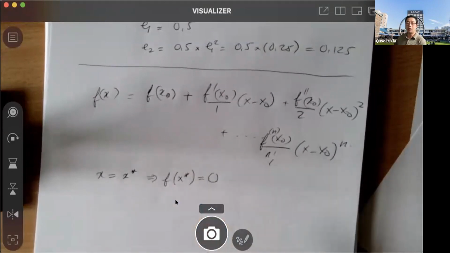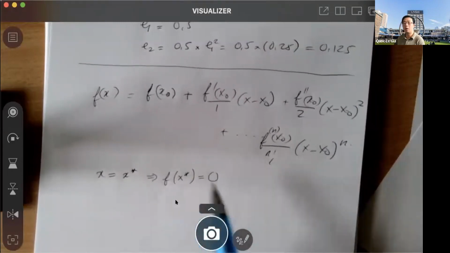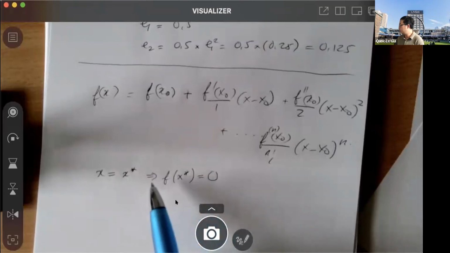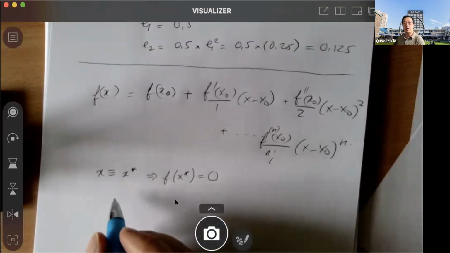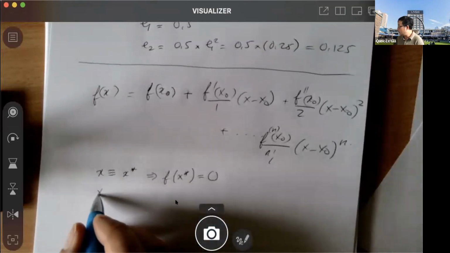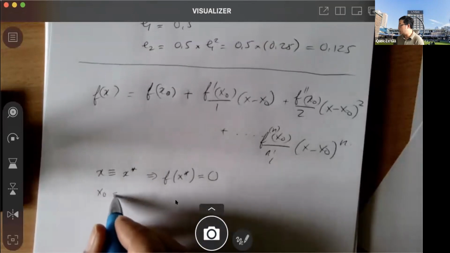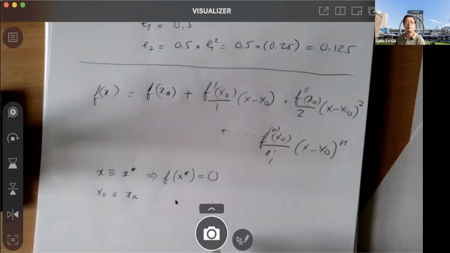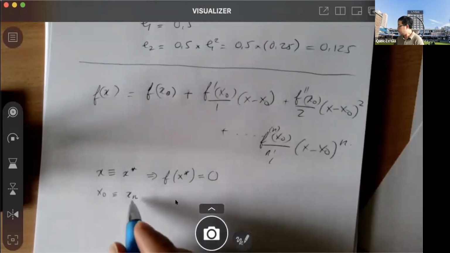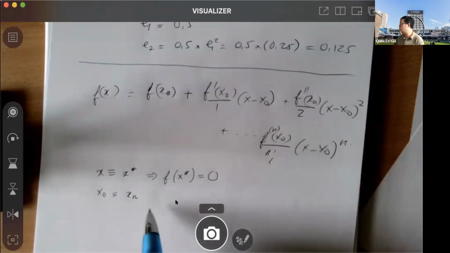Because x star, remember, is a solution of the function f. So I choose x to be x star, and then instead of x0, I let it be x_n. Remember, x_n is my nth iteration of the Newton method.